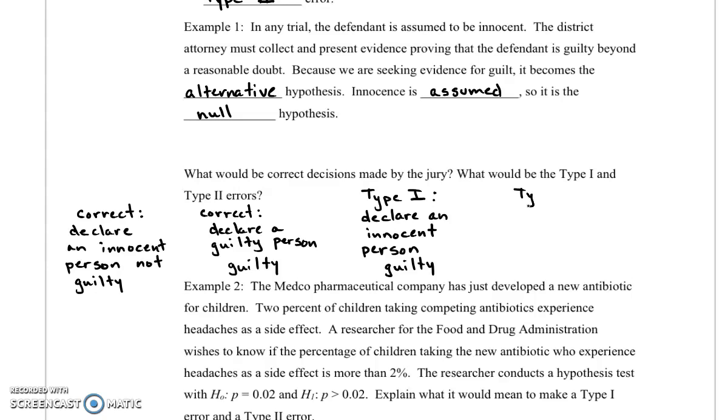And a type 2 error, which is when we do not reject the null hypothesis, when the alternative is true, is to declare a guilty person not guilty.